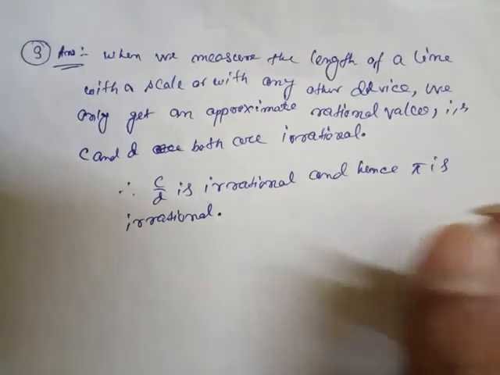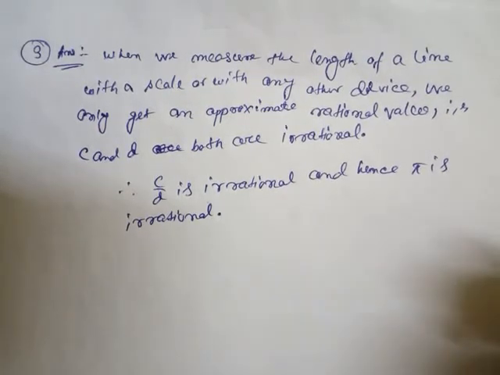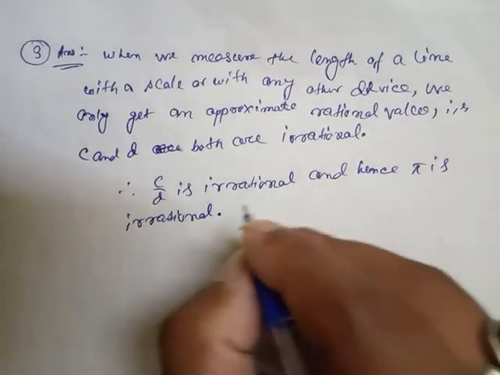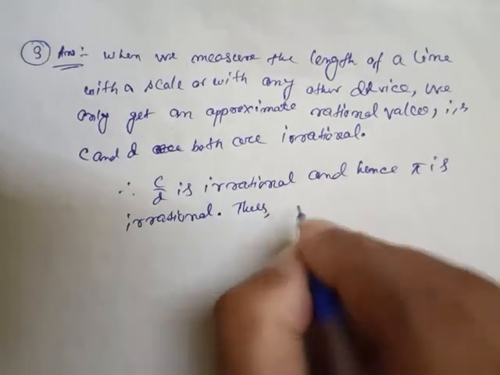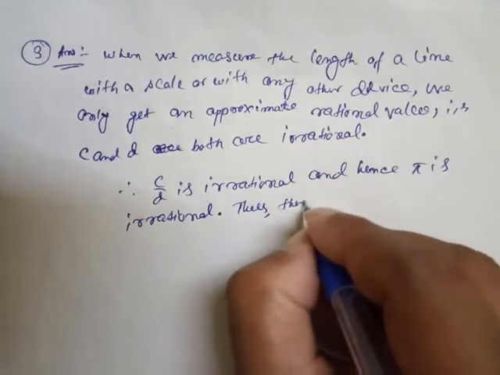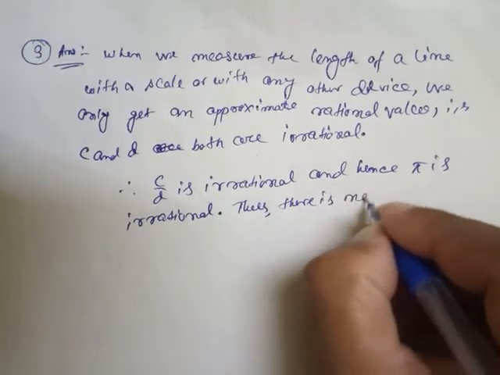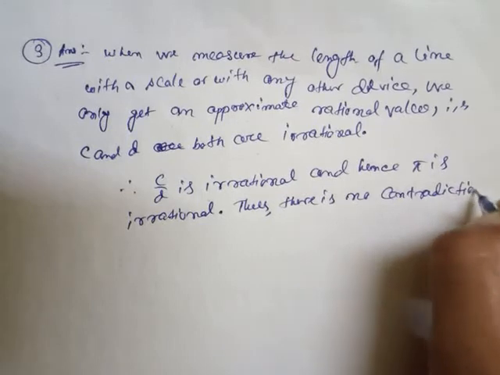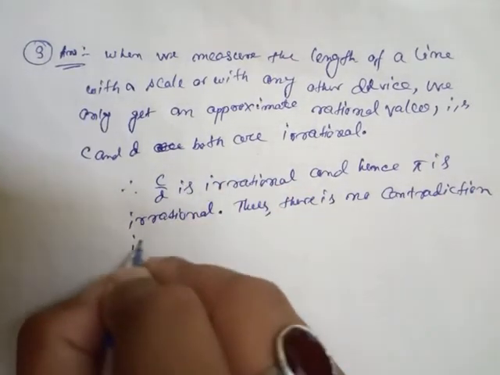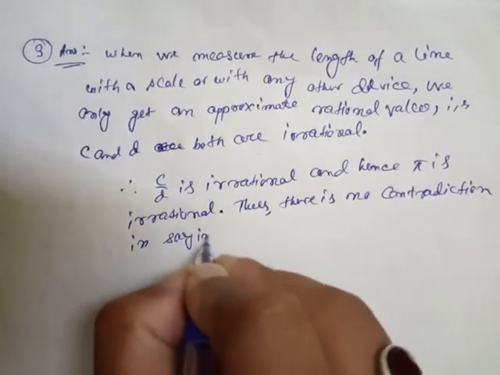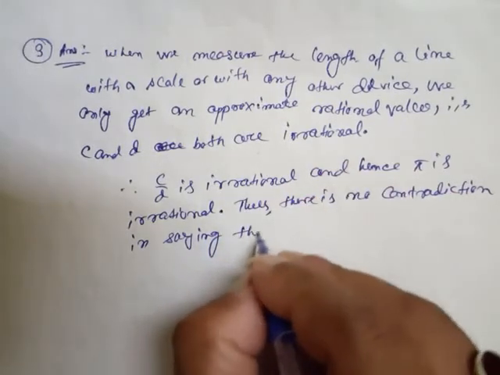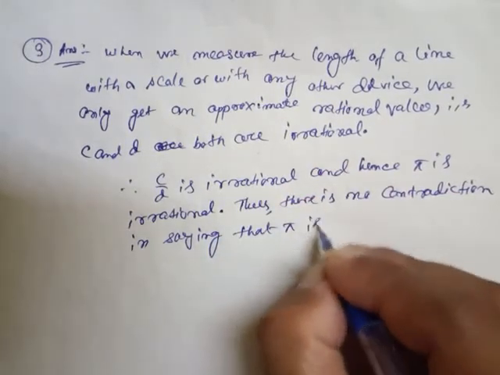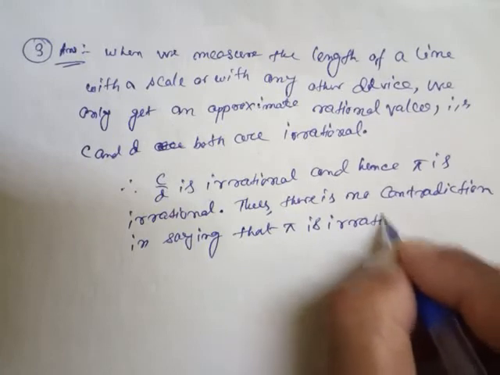So we must say that there is no contradiction in saying that pi is irrational. So we'll write here that thus there is no contradiction in saying that pi is irrational.